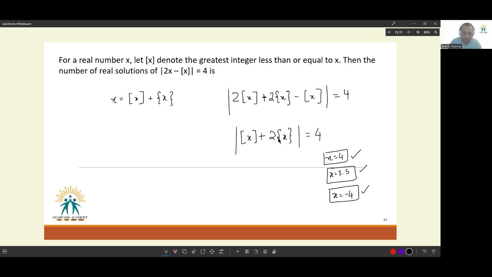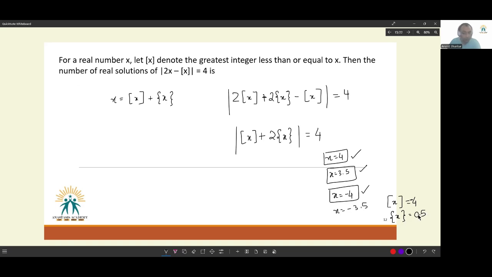But when we are looking at the negative world, if I take x equal to minus 3.5, then the integer portion will be equal to minus 4, and the decimal portion will be equal to 0.5.